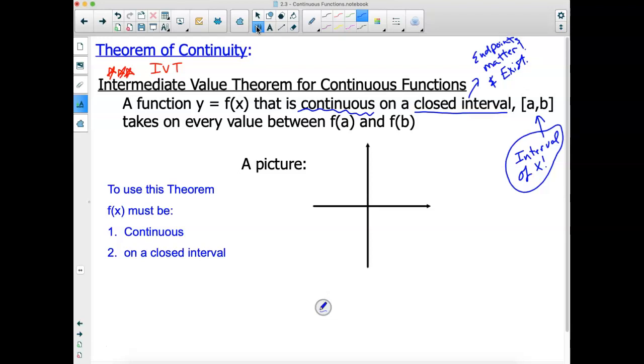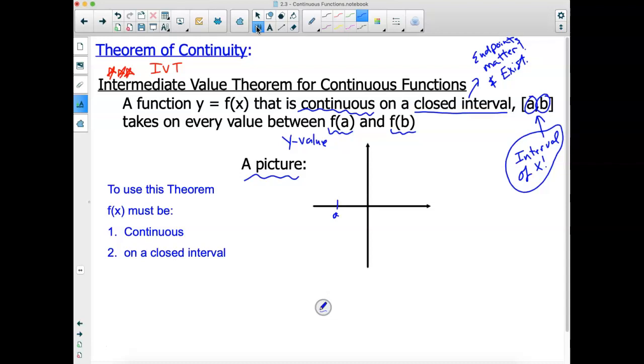Well, when I put it into a picture, I like to think of this as a common sense theorem, because it really is. F of a and f of b are just y values. Let's say I don't care where a is. A and b can be any numbers, positive or negative. So I'm going to say, here's a.